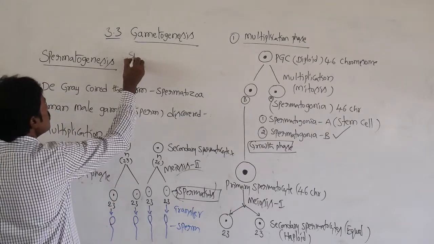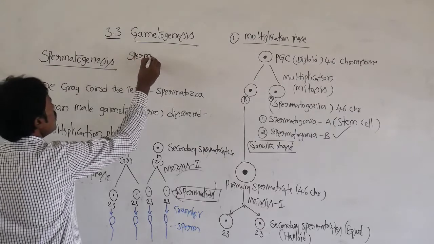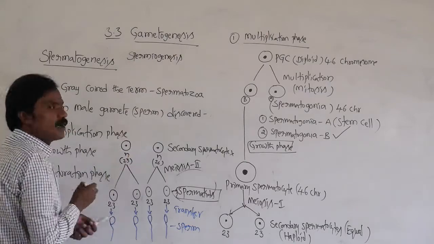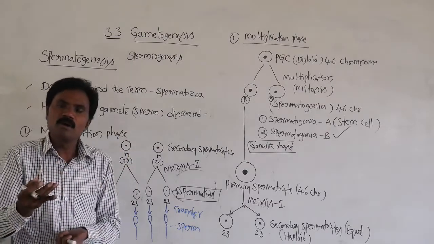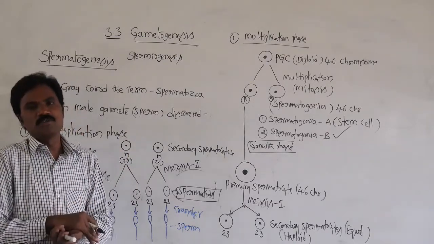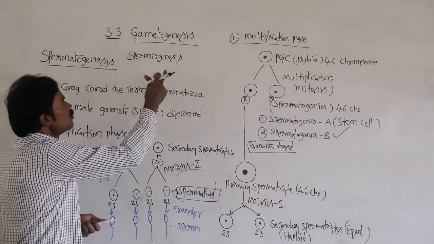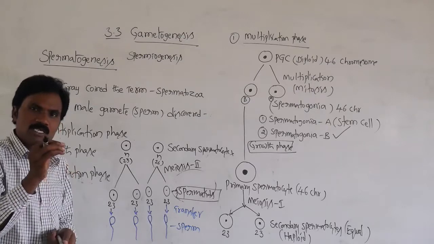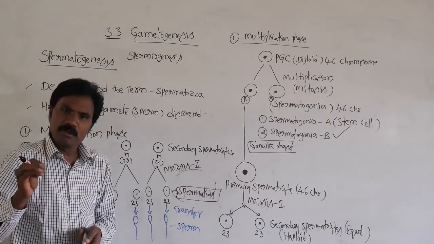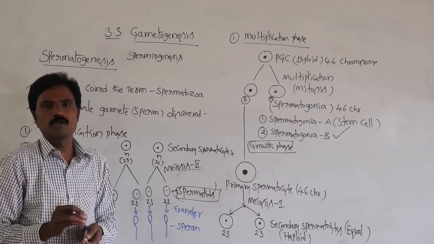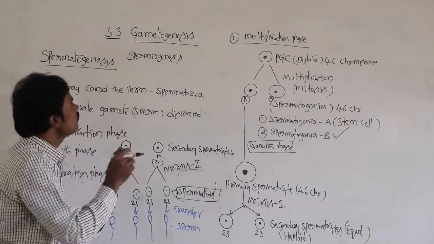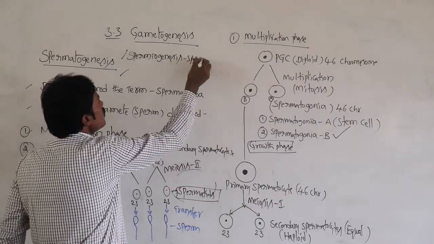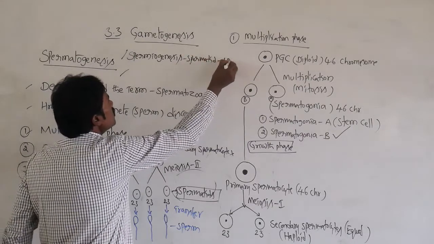Spermiogenesis means the transformation of an immature spermatid into a mature spermatozoon. Spermiogenesis means spermatid to sperm.